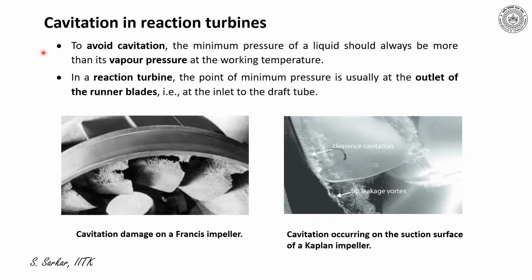To avoid cavitation, the minimum pressure of a liquid should always be more than its vapor pressure at the working temperature. In a reaction turbine, the minimum pressure usually occurs at the outlet of the runner or at the inlet to the draft tube.